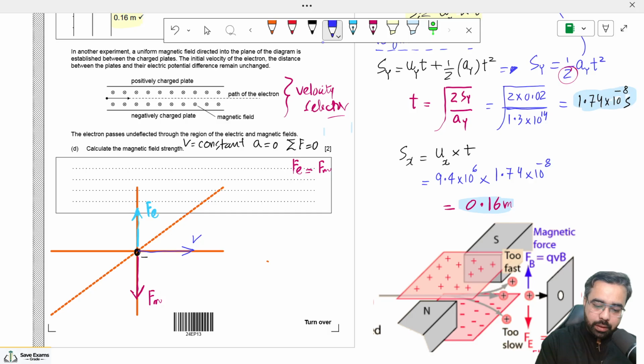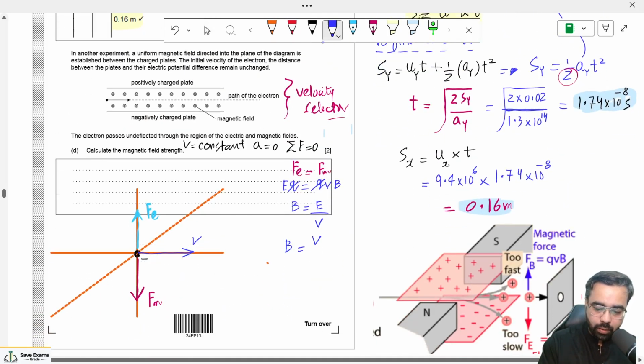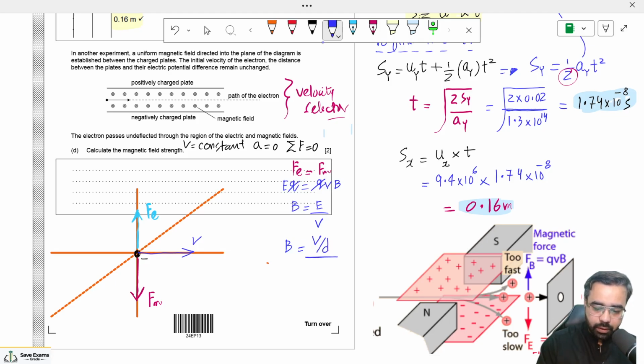So qE equals qvB, the q cancels out, and B equals E over v. The magnetic field strength equals the electric field strength that we already have, V over d, divided by the velocity. This big V is the potential and the small v is the velocity, so B equals V over d v.